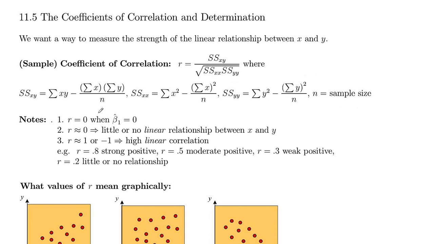Now notice that r is going to be equal to 0 if beta 1 hat is 0. So if the slope of your regression line is 0, then your equation is just y hat equals beta 0. It's constant. It's a horizontal line.